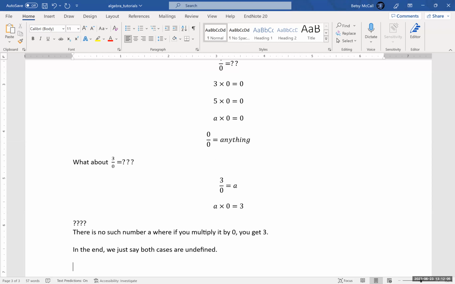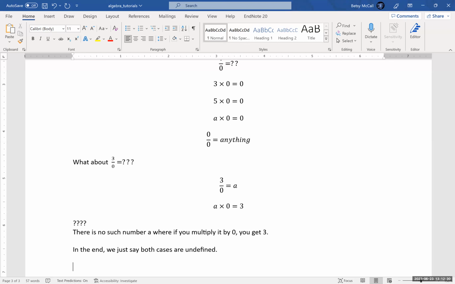Now, if you ever go on and take calculus, there will be times where pieces will be moving and we will have to work with 0 over 0 and turn it into something particular. But it can be anything depending on what is moving and how it's moving. It's kind of complicated. Don't worry about it if you're not ever going to take calculus.